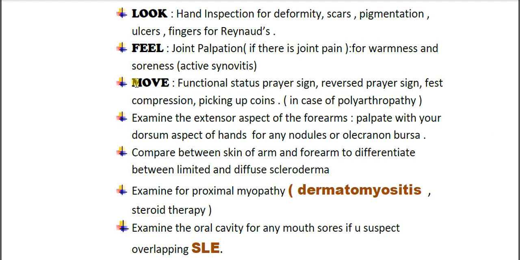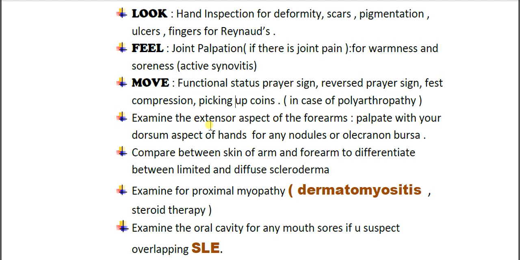Move, this is for the functional status of the patient. You will assess the functional status by prayer sign, reverse prayer sign, picking up coins, fist compression, buttoning or unbuttoning, but only three of these actions are needed, no more. This is in a case where the patient is affected by arthropathy and sclerodactyly and the joints of the hands are affected.